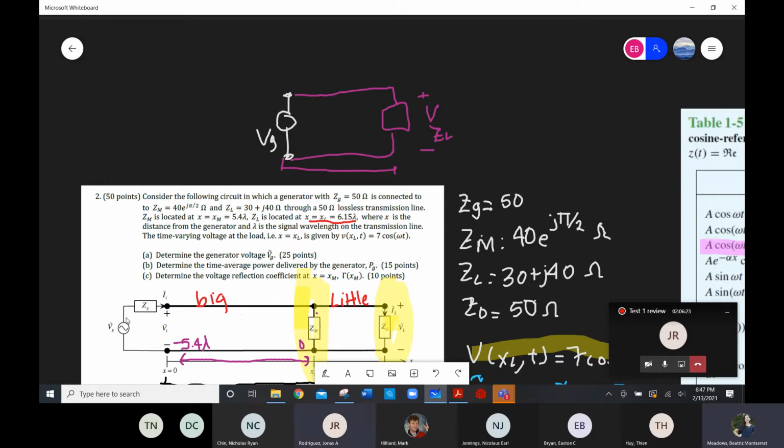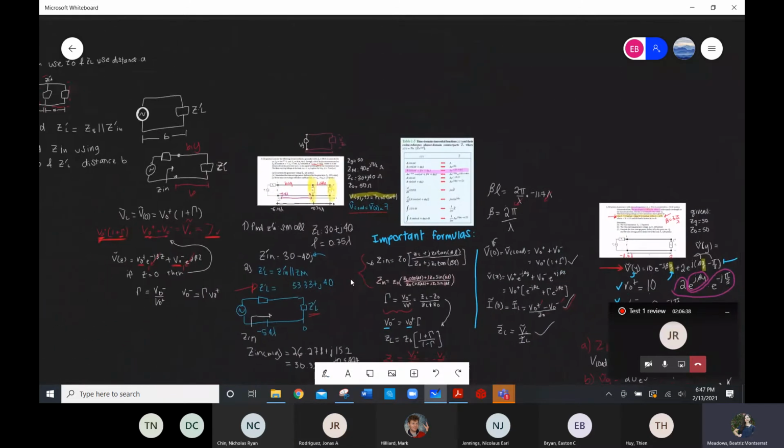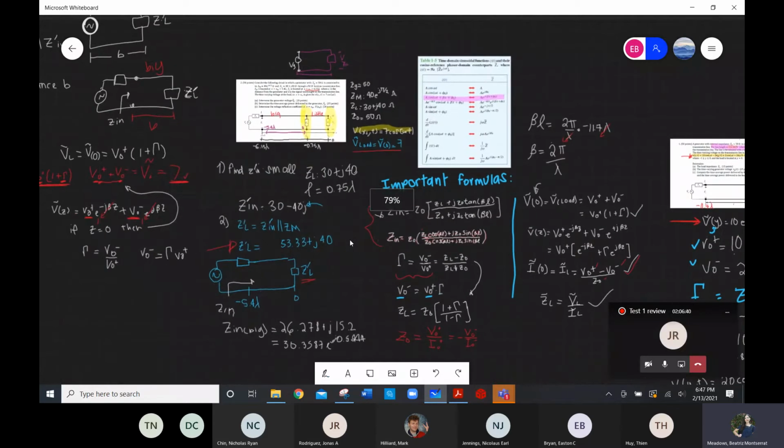Which is intimidating in this test, honestly, because it's easy to lose track of what you're actually doing and who belongs to who. But let's recap what we've done so far, because I know we've been on this problem a while, and we probably forgot everything we've done.